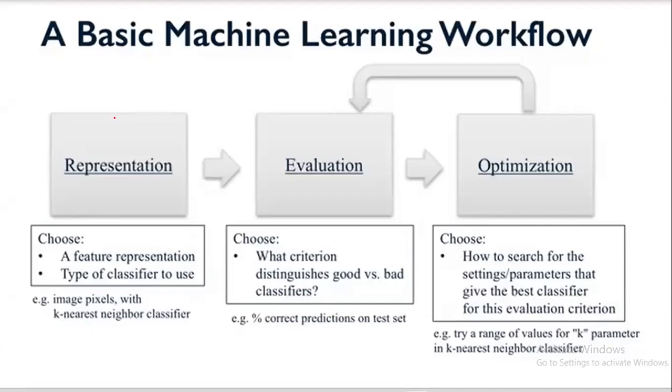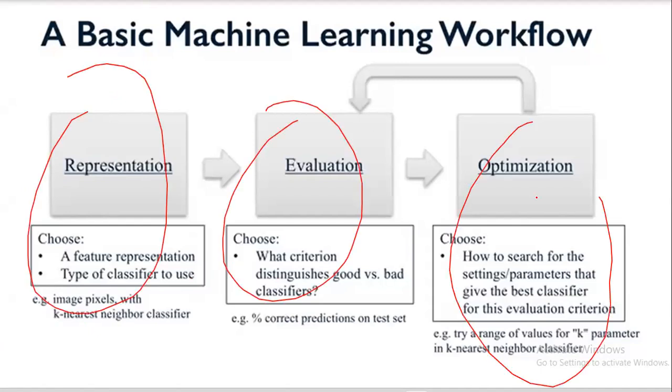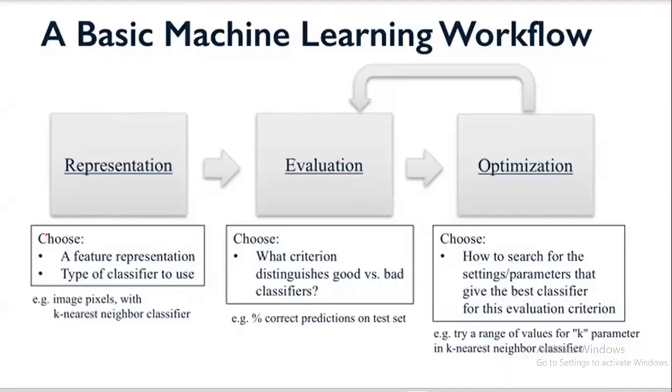Now, according to this story that I want to tell you, we have these representations, we have evaluations, we have optimizations. What we are going to do in this case, guys, representation means choosing a feature representation. What is the feature representation? We have feature matrices and many other things. I'll give a couple of references on your course page, then you can go through them and understand many more things.